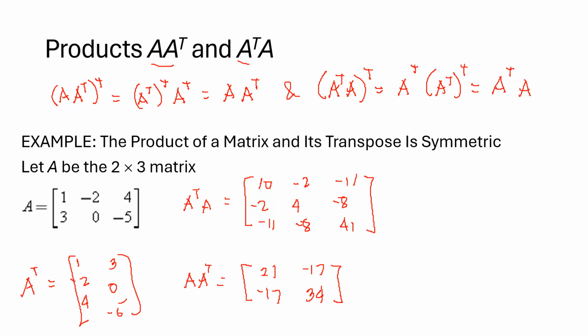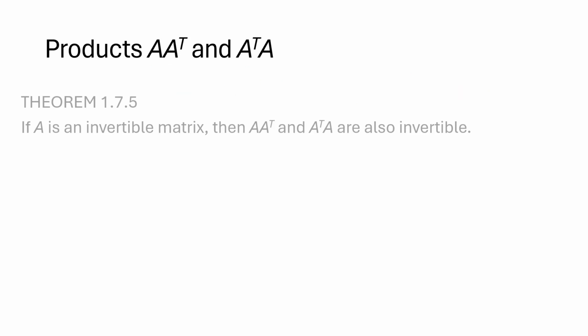However, in the special case where A is square, we have the following result. Theorem 1.7.5: if A is an invertible matrix, then A times the transpose of A and the transpose of A times A are also invertible.